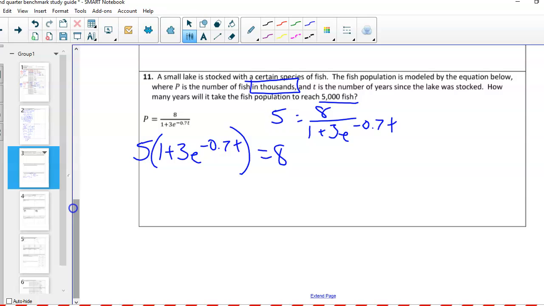You will get the same answer either way, same amount of work for both. Doesn't matter. I'm going to distribute because I like to distribute. But if you wanted to divide, that's fine. We distribute it.